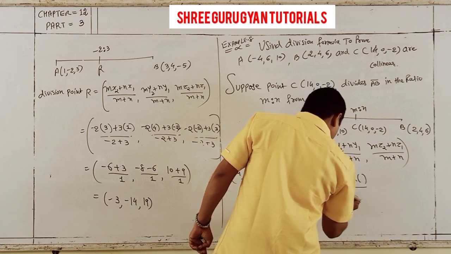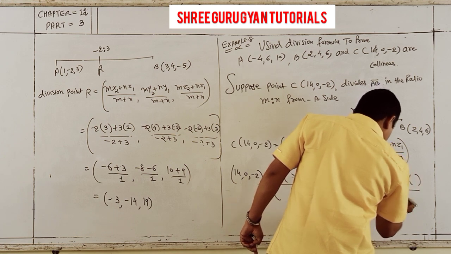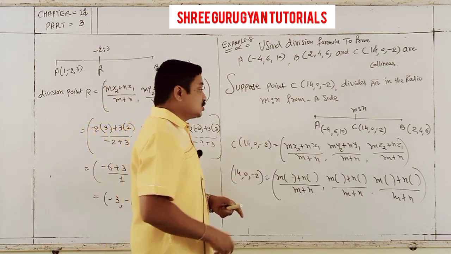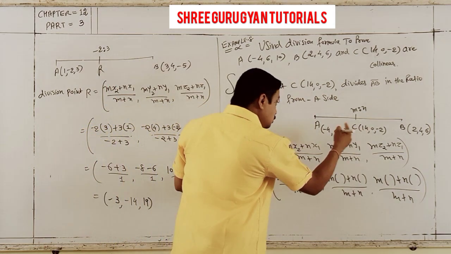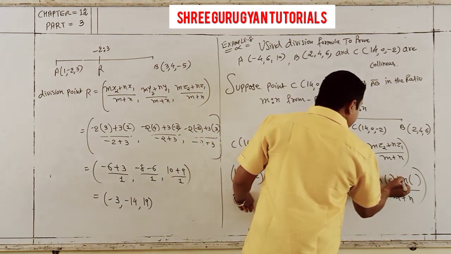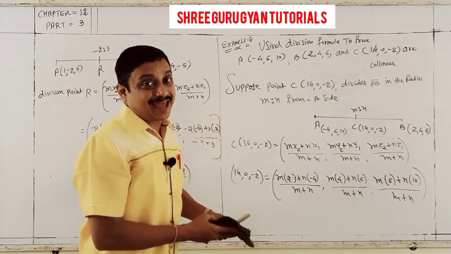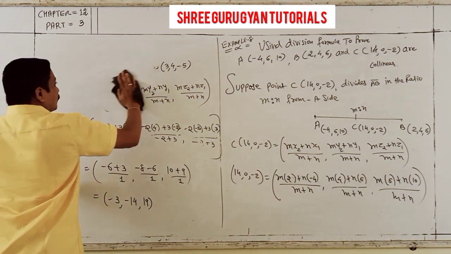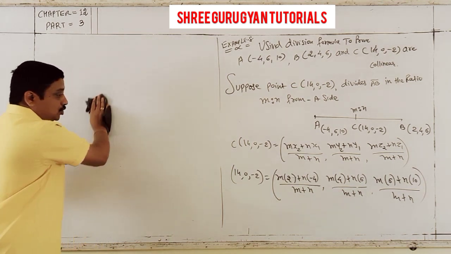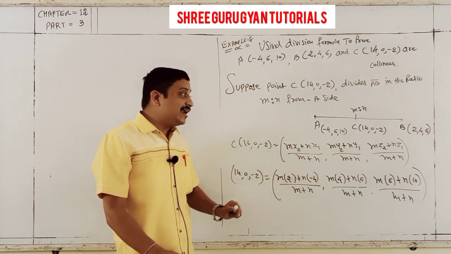Secondly, same as that, and thirdly, same as that, and attach the values one by one. So x2, x1 means 2 and here minus 4, that is 2 comma minus 4. Similarly 4 then 6, and last 6 then 10. Now students, you are just making the comparisons and deciding the m:n value. I compare first data to first data, second to second, third to third.